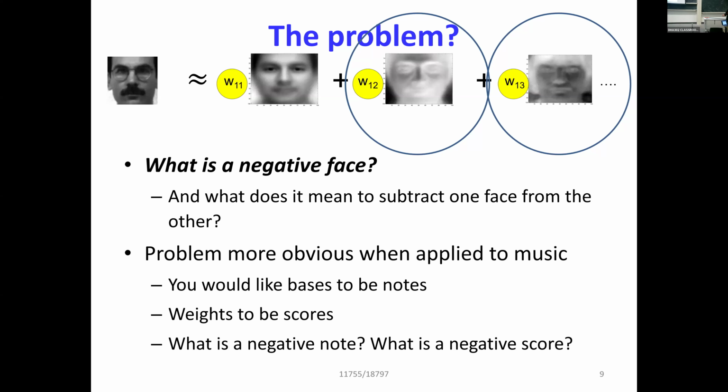If I'm looking at a spectrum with energy, and I'm trying to learn notes from music, what's a negative note? It doesn't make any sense, right? So the thing with orthogonal bases and eigenbases is that they have the energy compaction property, but they're lacking this essential aspect of semantics, right?